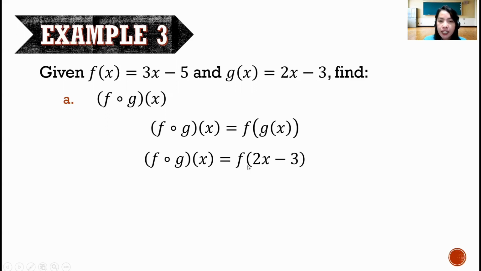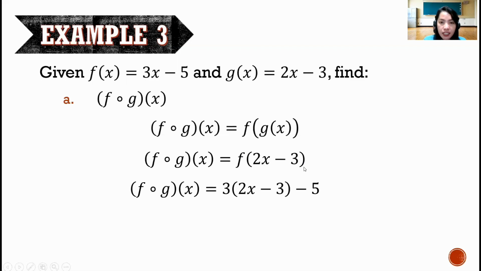In here, ang given na function ay f, so ang gagamitin natin na function ay f, which is 3x minus 5. Yung lahat ng variable x sa f ay papalitan natin ng value ng g of x, which is 2x minus 3. That would be yung function f, 3 times x.